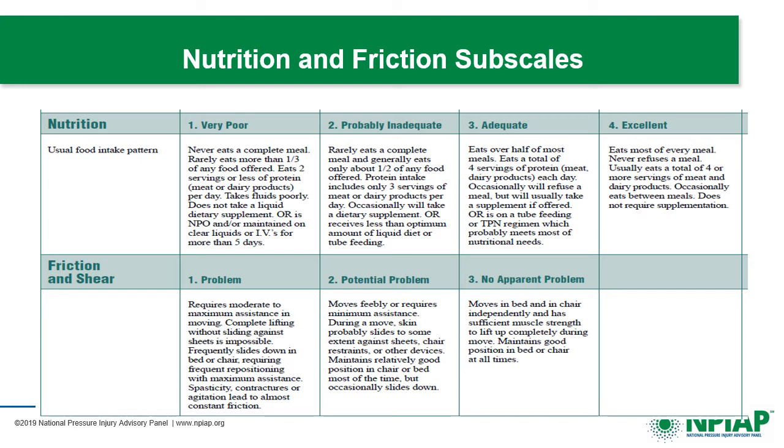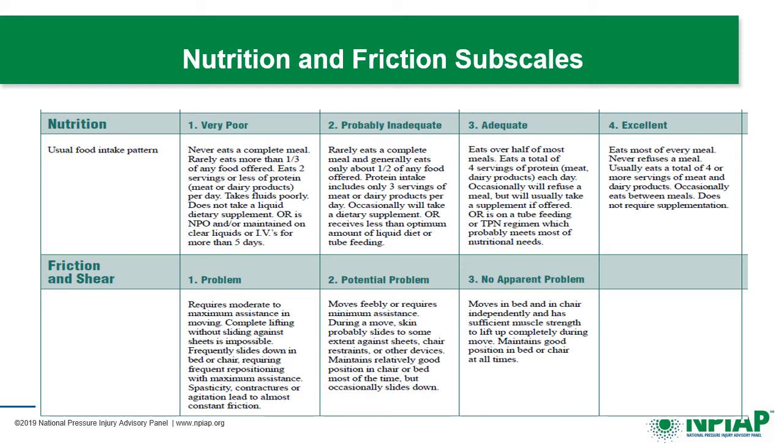Can I have a little bit more? We're on a fixed rate for them. And then the patient who is excellent nutrition, sounds like you and me, right? Eats most of every meal, doesn't refuse, gets plenty of protein in their diet, does not even require supplements. So they're eating what they're being offered.